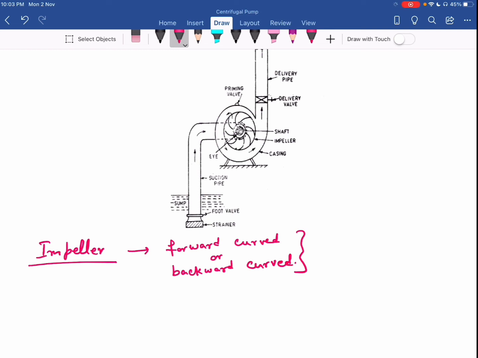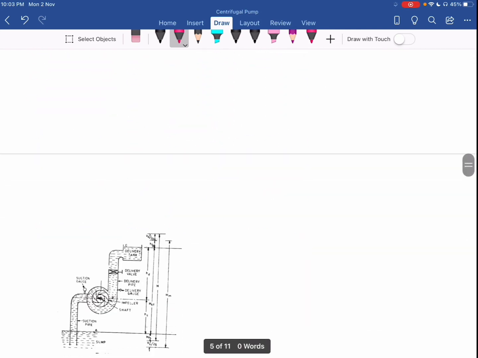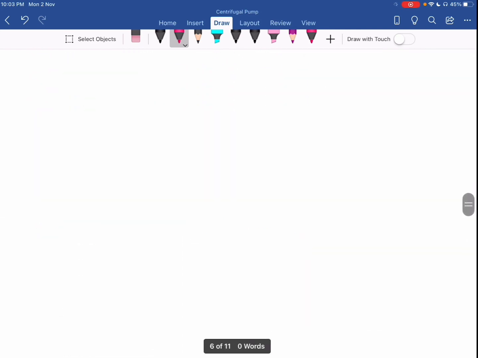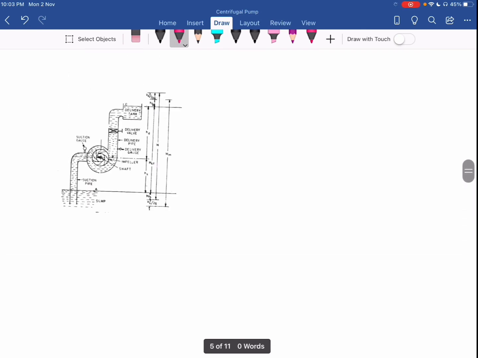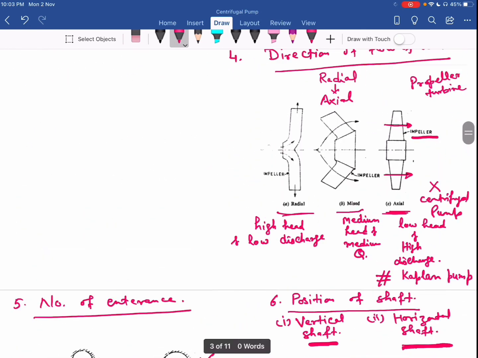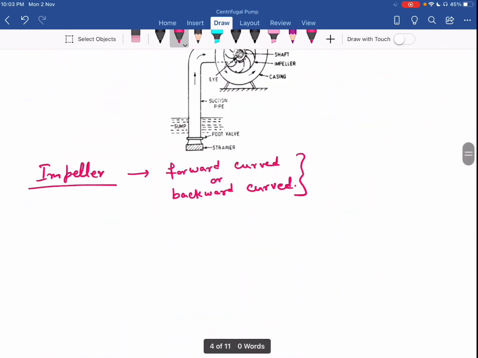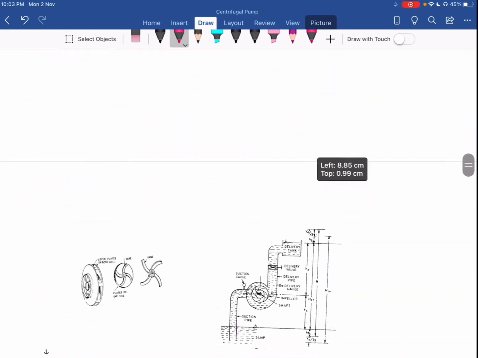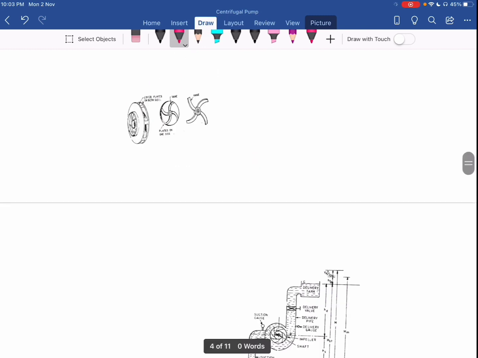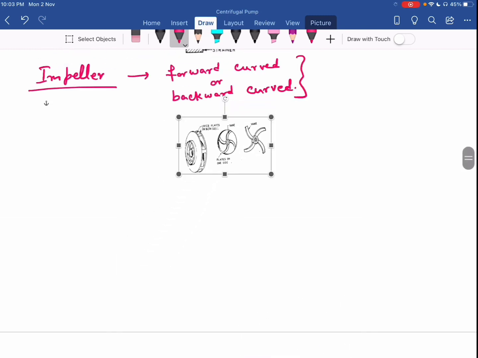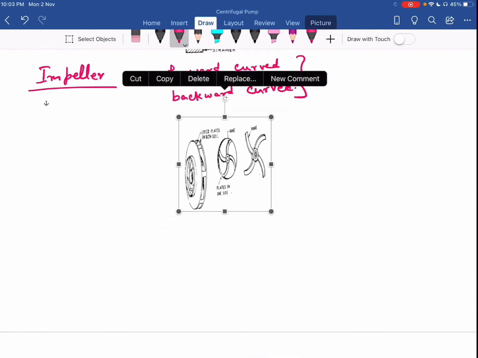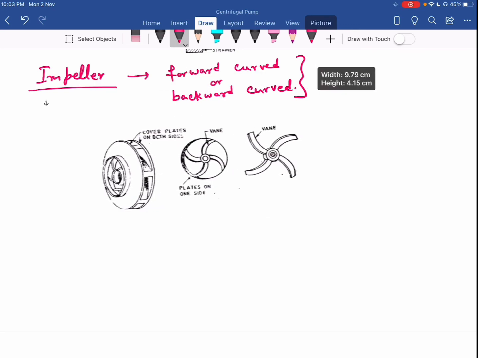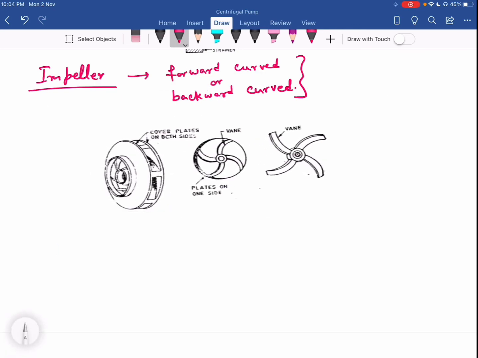Now, if we talk about this impeller, we have three different types of impellers available in centrifugal pumps. You can see in this diagram, we have three different types of impellers.